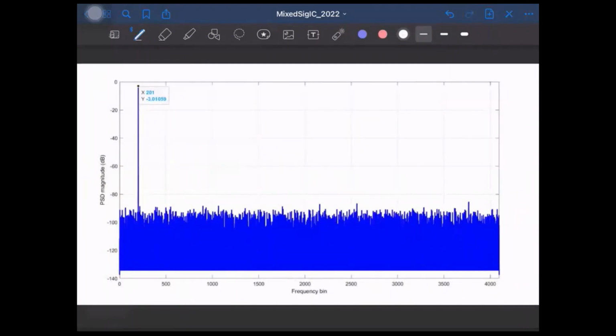This is the one-sided power spectral density. I'm taking an 8192 point DFT, and I'm showing only the one-sided power spectral density. So I have bins from k equal to 0 to the last bin, which is 4096.